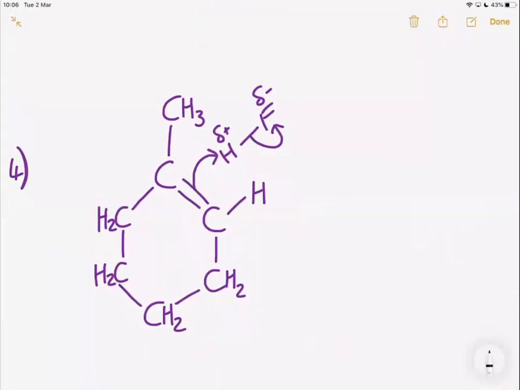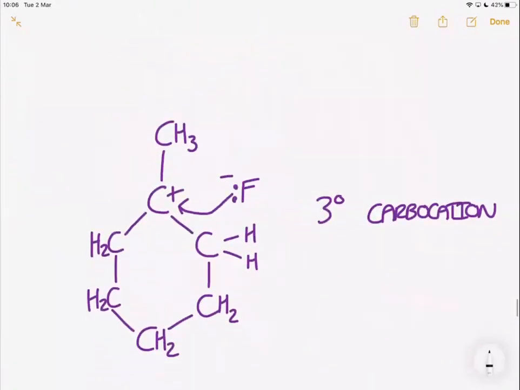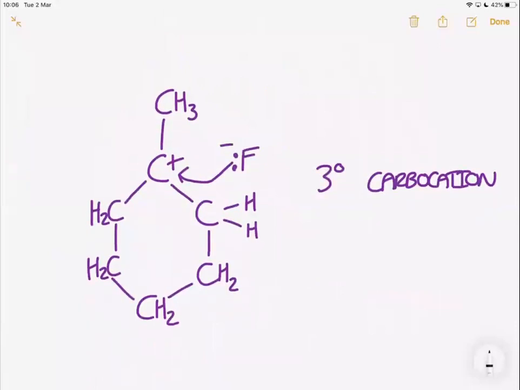Okay, so this is a branched cyclic alkene, all right, and hydrogen fluoride. Slightly wonky looking, but it follows the same logic, at least initially. And then you think about where you put your positive charge, think about the major products and minor products and stabilities of carbocations. It stands to reason that this is going to be the primary pathway, the faster reaction, because you put your plus there and your carbon's attached to 3 other carbons.